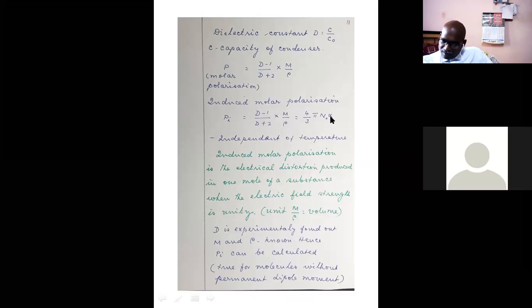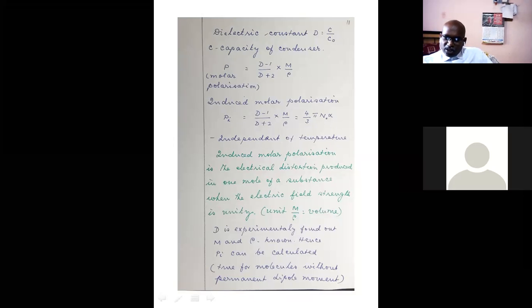Everything is constant, and this equation does not involve any other variable. Therefore, the induced molar polarization is independent of temperature, because there is no temperature term coming into the equation.